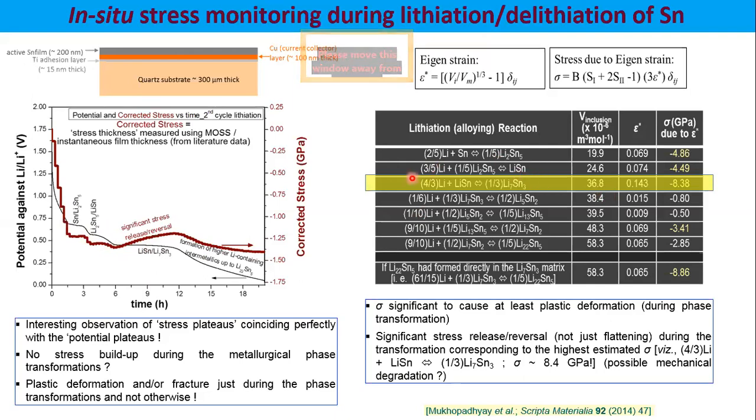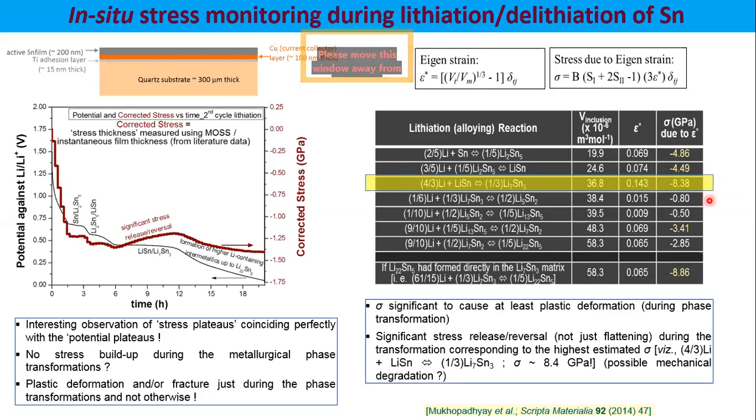I will tell you what eigenstress and eigenstrain are. When an inclusion is formed within a bulk, the stress experienced by the bulk material due to this inclusion within the material is called eigenstress, and the associated strain is the eigenstrain. The eigenstrain and the associated eigenstress due to these intermetallics is very huge.